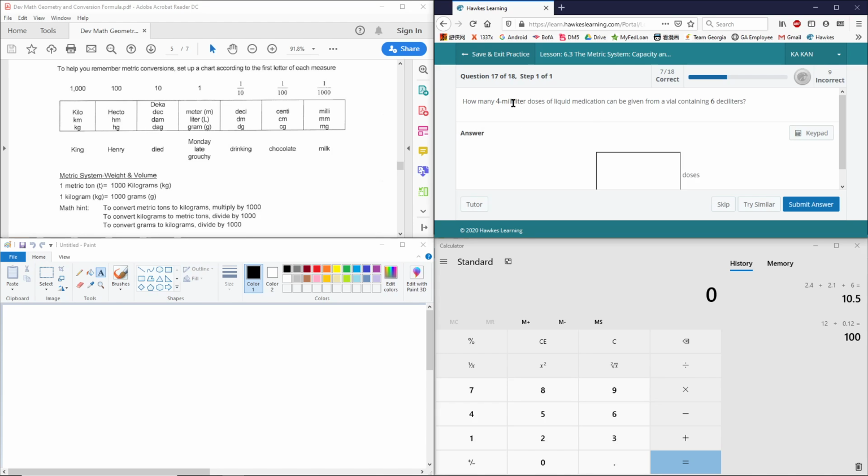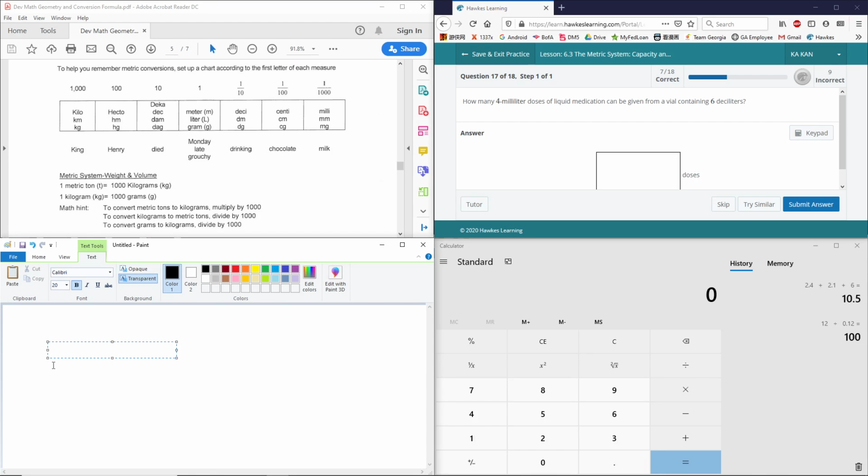And let's look at this right here. How many 4 milliliter doses is contained in this? So let's just do that real fast. For this guy, 1 dose is 4 milliliter. But the total you have right now is 6 deciliter. So we have to figure out 6 deciliter is how many milliliter.